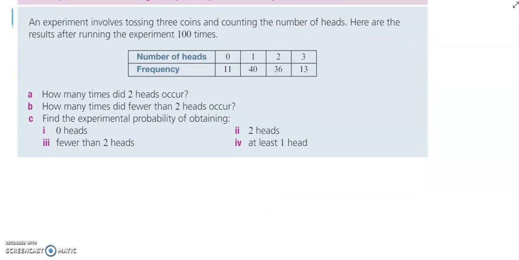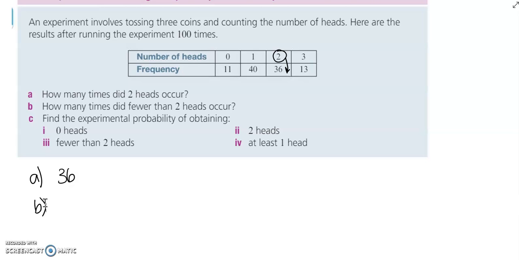For the first one, we're just identifying from our table. How many times did 2 heads occur? If I read my table, I can go to the number of heads, which is over here, and there must be 36 times. For the next part, we have how many times did fewer than 2 heads occur?